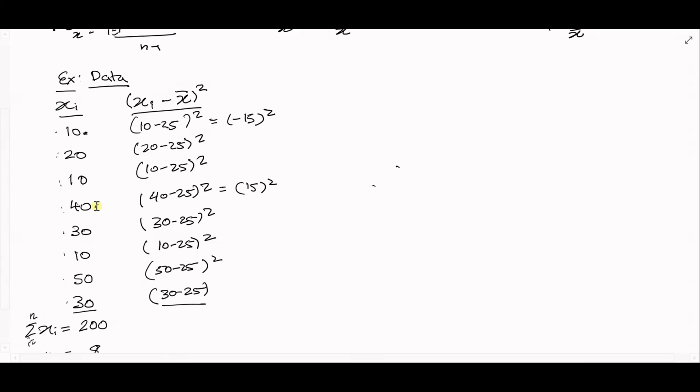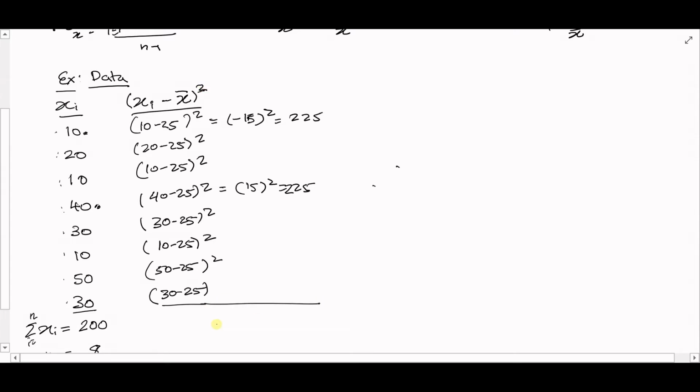The center point is 25, and hence 10 is seen the same way as 40 in some ways, because both are 15 points away from the mean, which is 25. And hence when you square it, you effectively are saying 225 and 225 are exactly the same in terms of deviations or variance. And hence squaring becomes important.